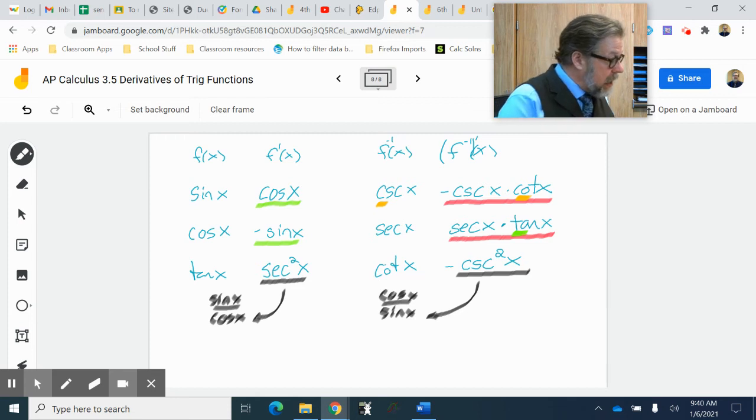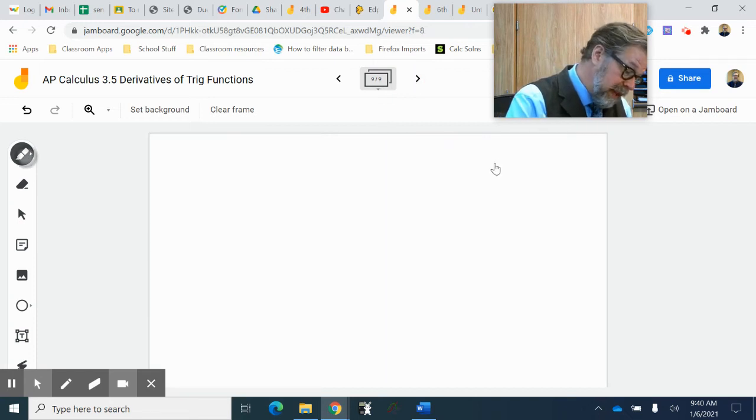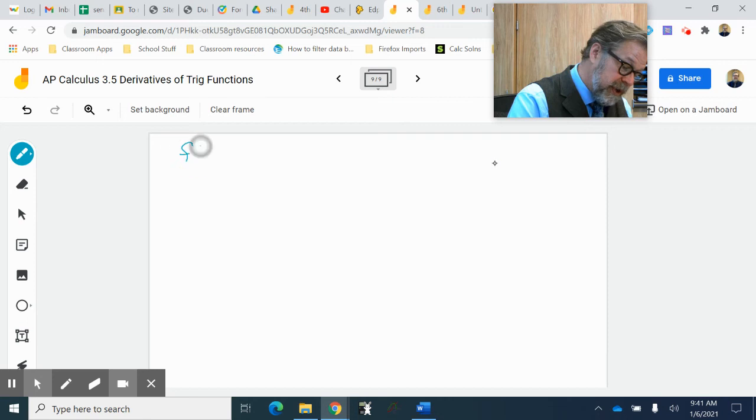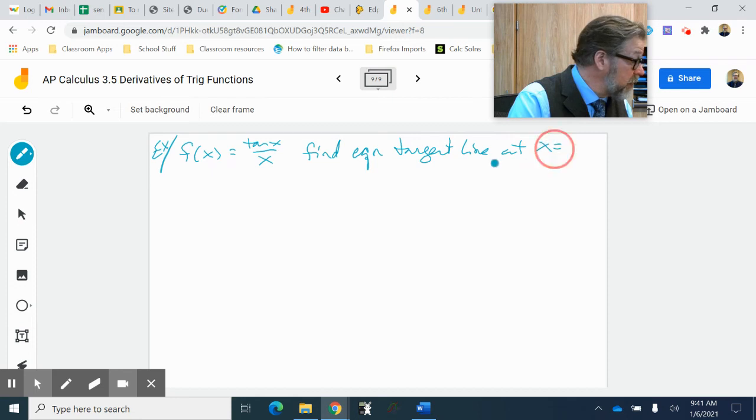Okay, let's do a quick example. The example that we are going to do is given the function f of x equals tangent of x over x, find the equation of the tangent line at x equals 2.